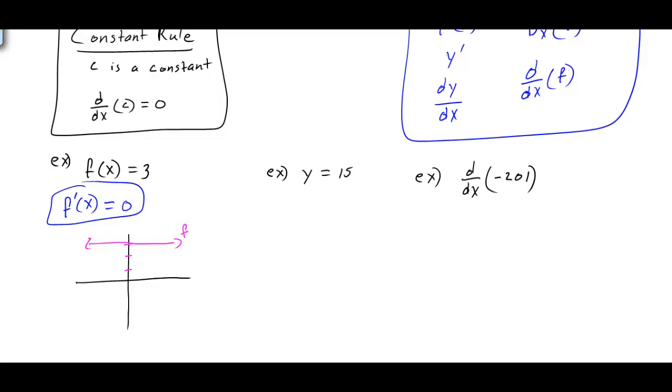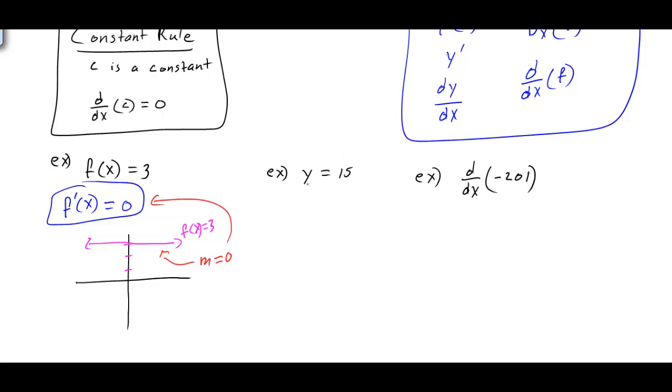So here we have f of x equals 3, and we know that if we're looking for the slope of this line, any horizontal line is going to have a slope of 0. And recall, that's what we're finding with the derivative. So therefore, anytime you have a constant, the derivative is simply going to be equal to 0.